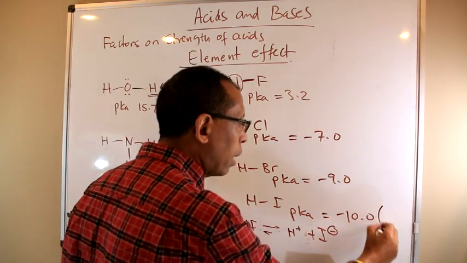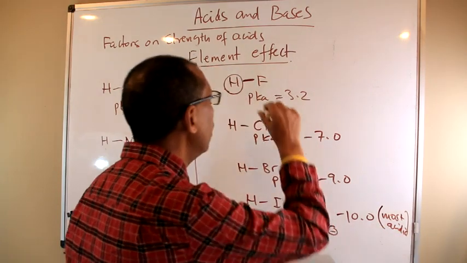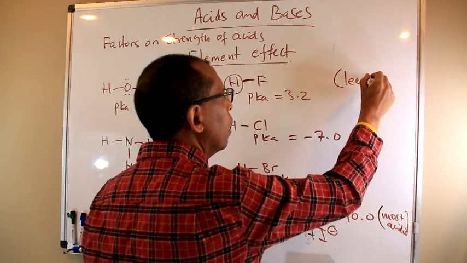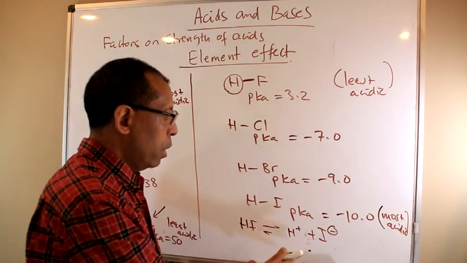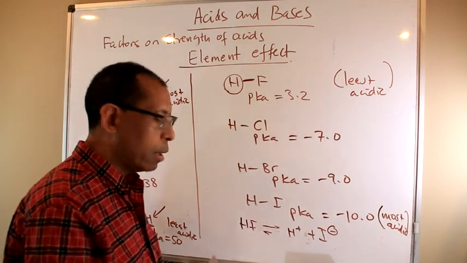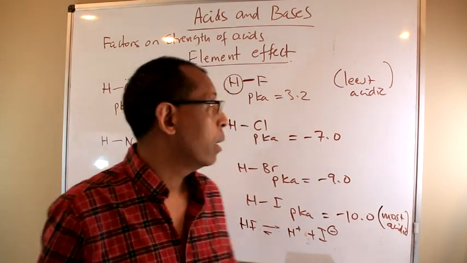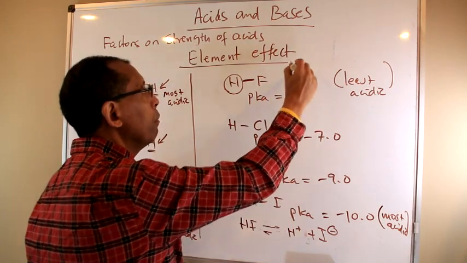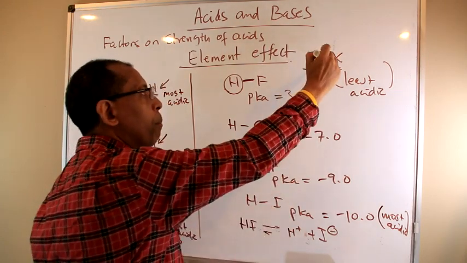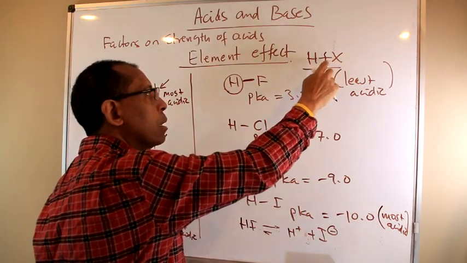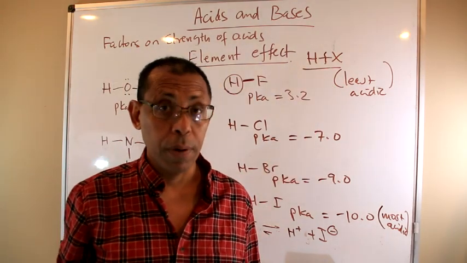So this is the most acidic, and this is the least acidic one. So the trend here is dependent on the size, the bond length, and how easy it is to break the bond between hydrogen and iodine or fluorine. So if you just consider them as HX, in this series, the bond strength or the bond length is the determinant factor in determining the acidity of the halogen family.